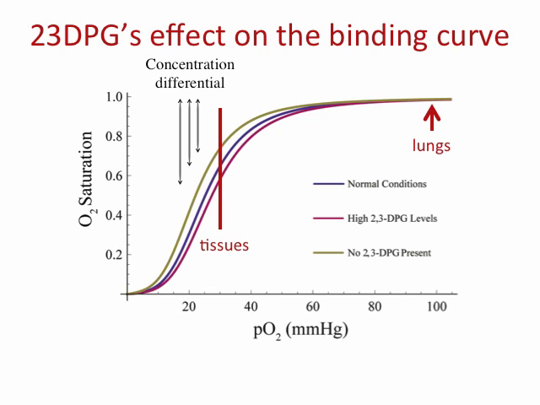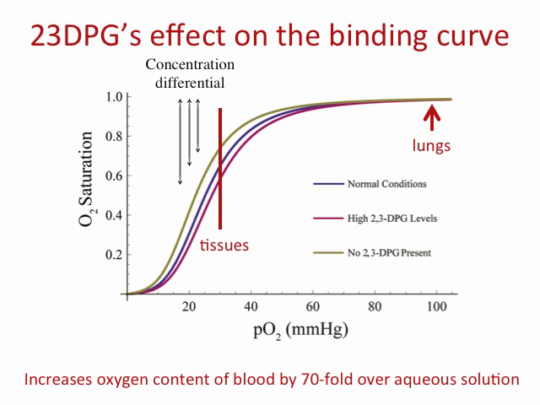And as you see, when there's no 2,3-DPG present, the curve shifts to the left, and if DPG concentration increases, the curve shifts to the right. This is the way 2,3-DPG regulates oxygen delivery to tissues by controlling the saturation curve of hemoglobin with oxygen.